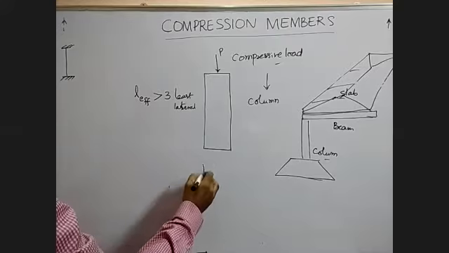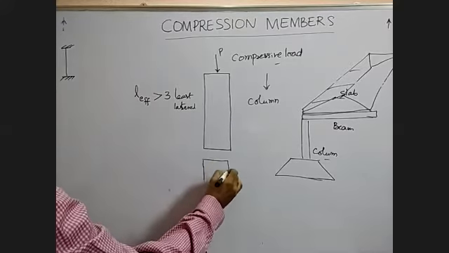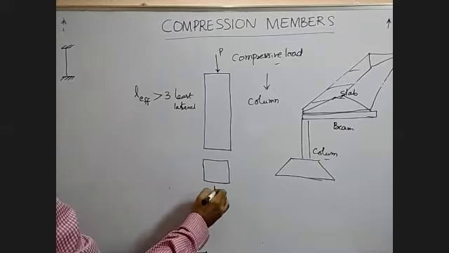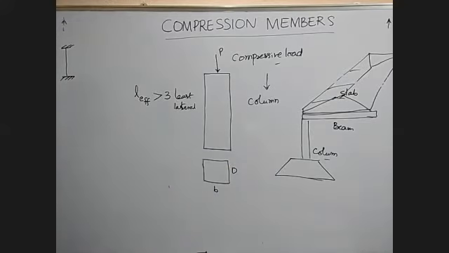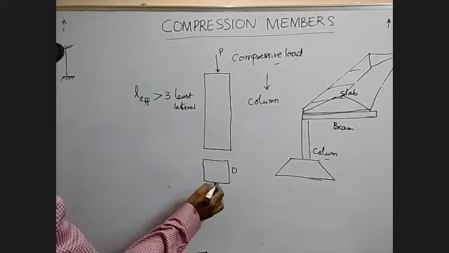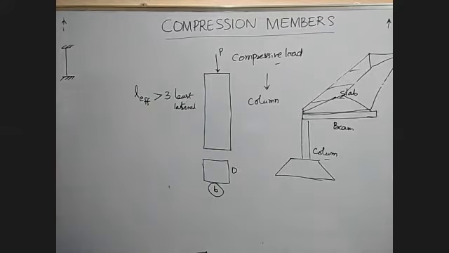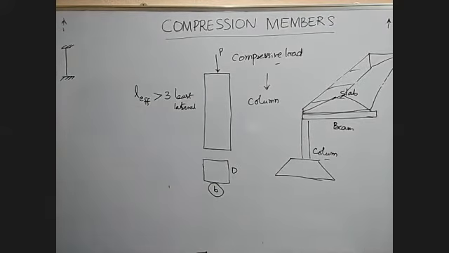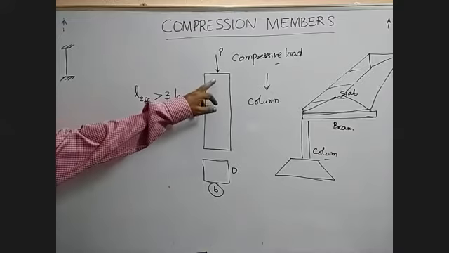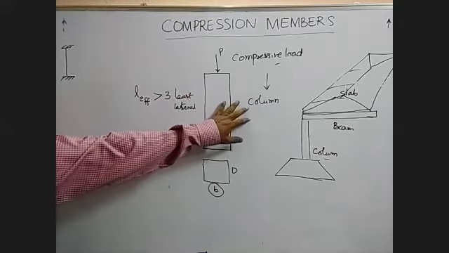Suppose I take a square or rectangular column. In this, D is the least lateral dimension. So if the effective length is greater than 3 times the least lateral dimension and it carries compressive load, it is also called a column.